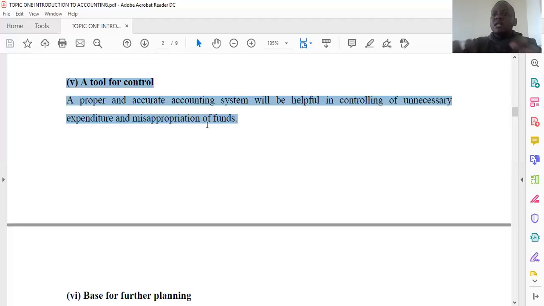It can show that our expenses were too much, so we need to control our expenses. A proper and accurate accounting system will be helpful in controlling unnecessary expenditure and misappropriation of funds, so as to help the organization still achieve its objective of making profit. Accounting serves that role very well. That is the role of a tool for control.